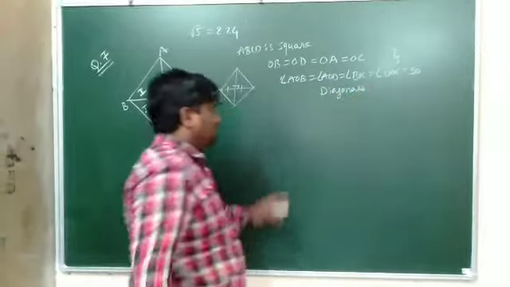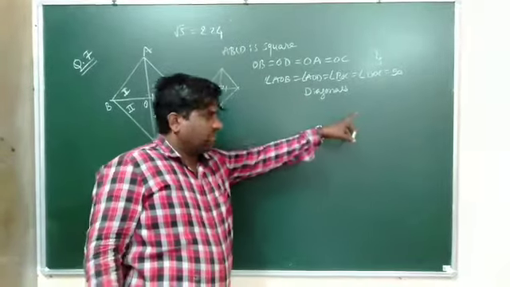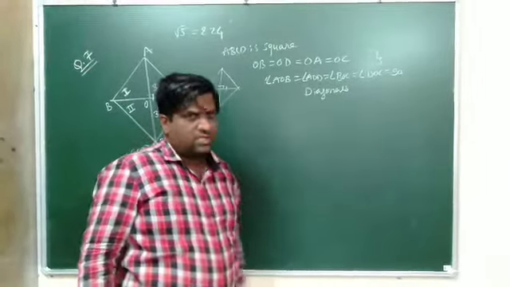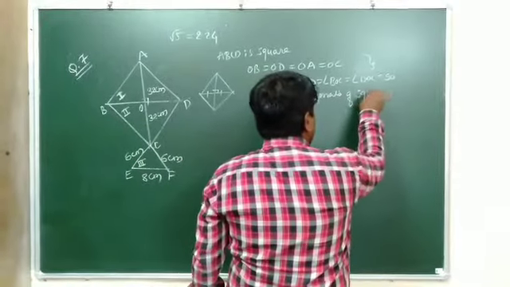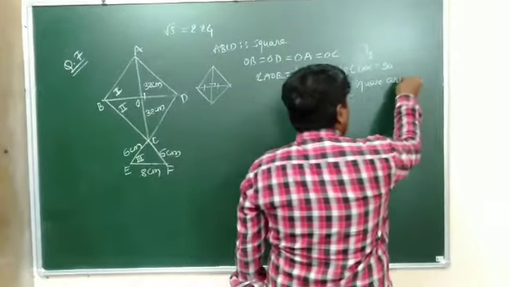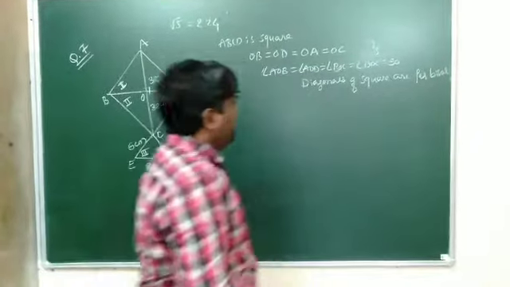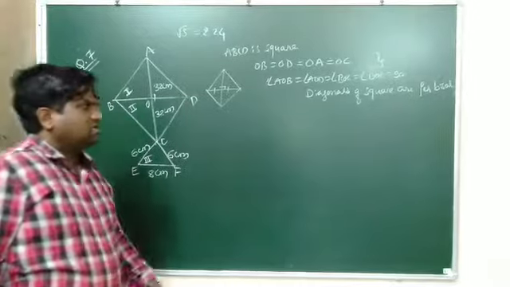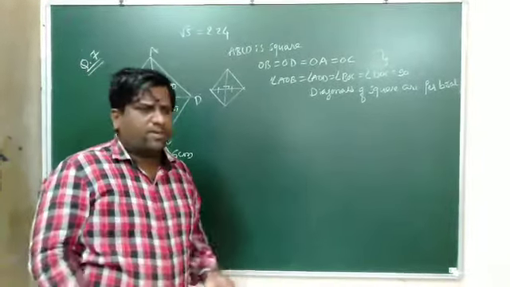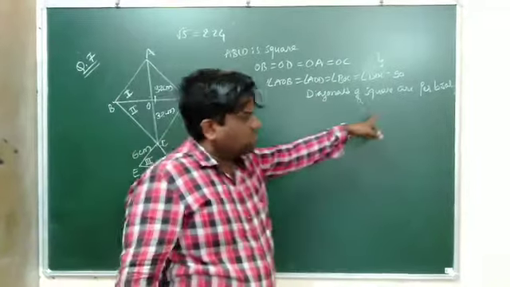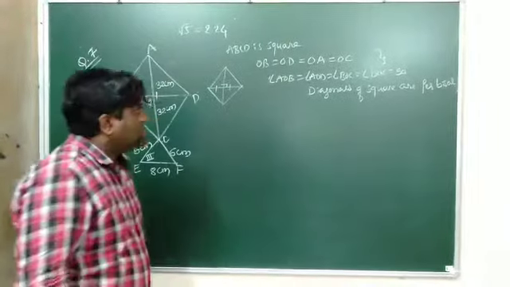See, without any base, if you are writing an equation, there must be a reason which you have to mention in front of that equation. Diagonals of a square are perpendicular bisectors. This is totally a geometric concept. If you are coming up with a new equation without any base, you have to mention the reason on what basis you are going to write it.